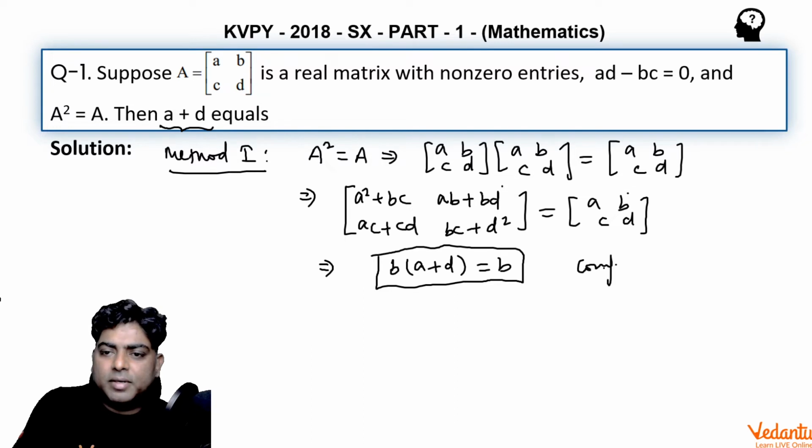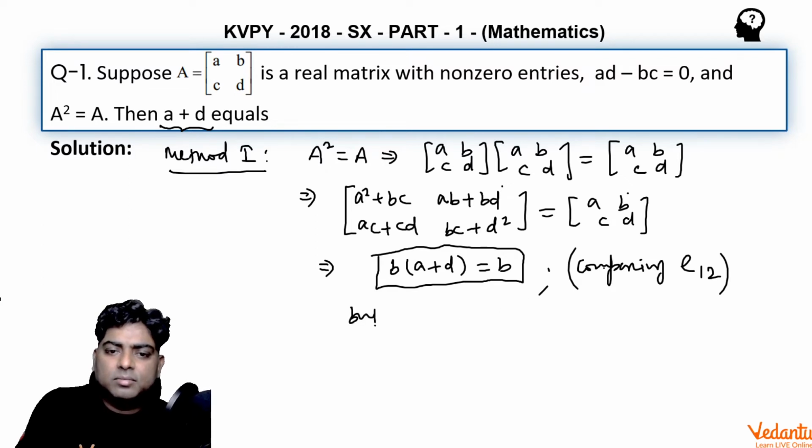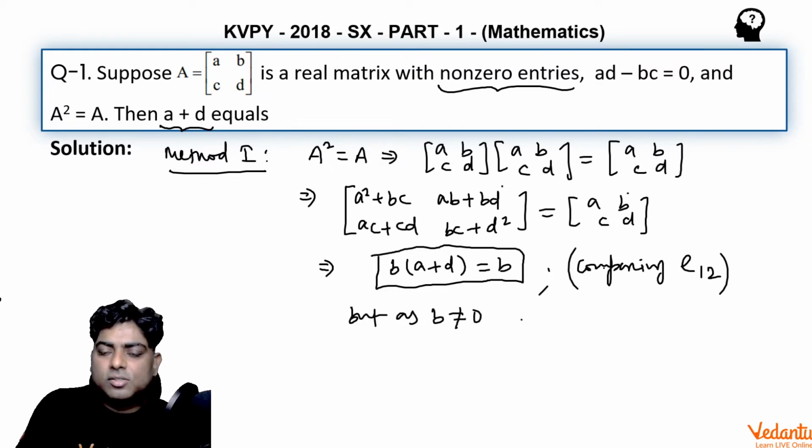I have compared the element of the first row and second column, or E21 also, and from there also you'll get this. But B is not 0 because of the non-zero entries, so we can cancel out B. So A plus D must be equal to 1.